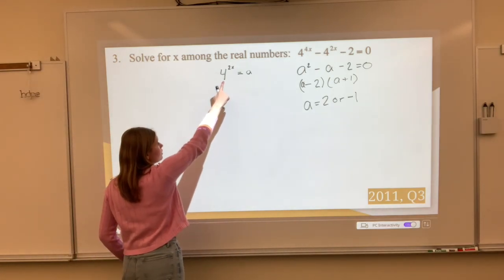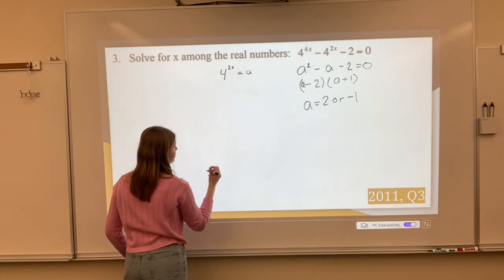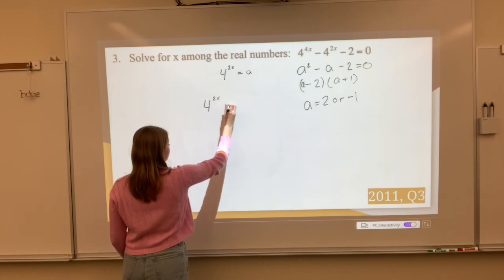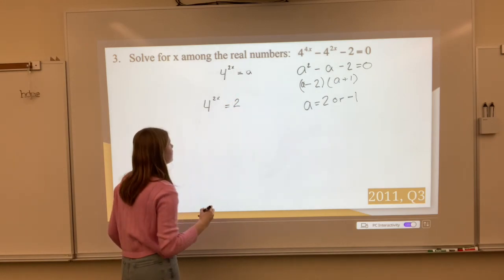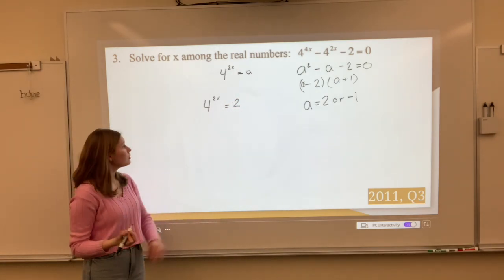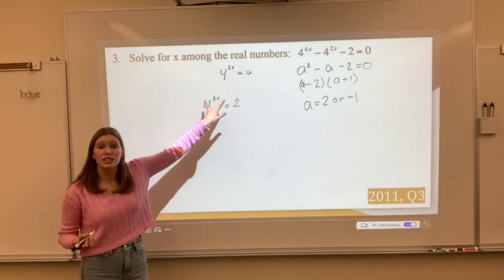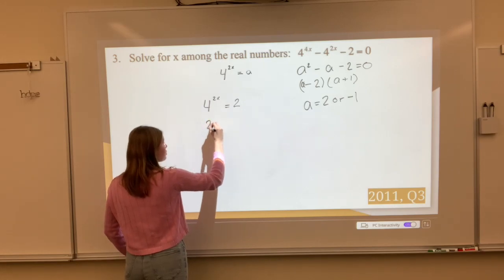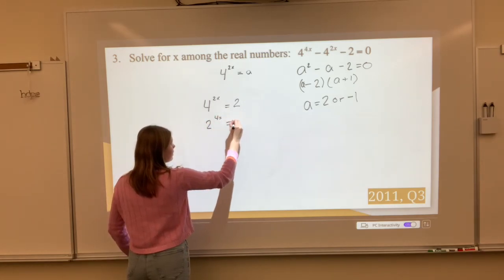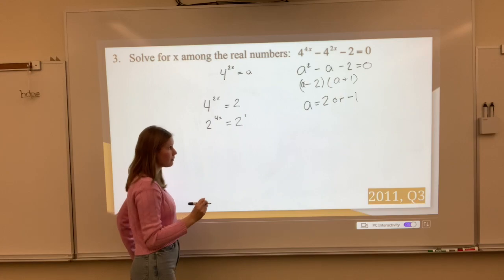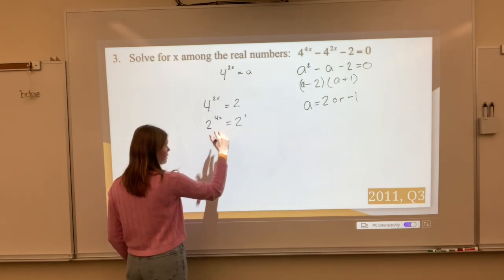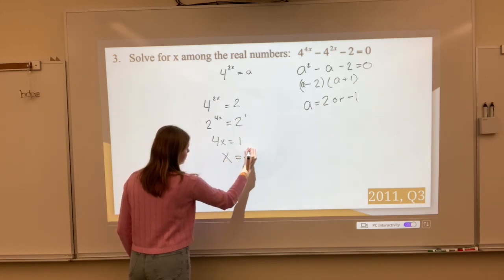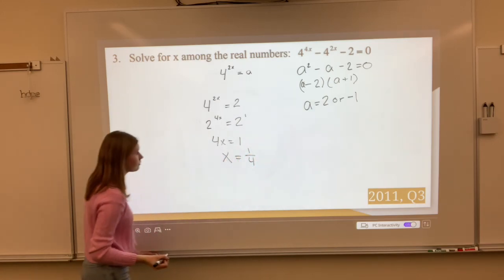We know that a is equal to 4 to the 2x. 4 to the 2x is equal to 2. Okay, let's do what we've done before. Get the same base so we can set our exponents equal to each other. This I can rewrite as saying 2 to the 4x is equal to 2 to the first power. And we set our exponents equal to each other. 4x is equal to 1, so x is equal to 1/4.